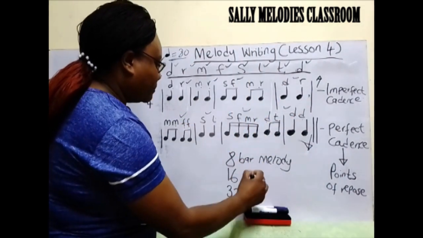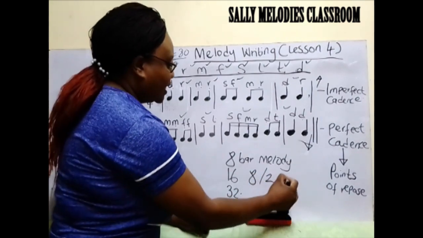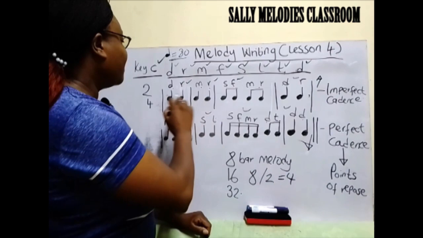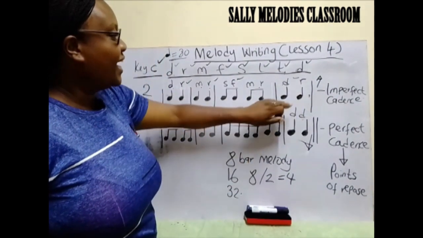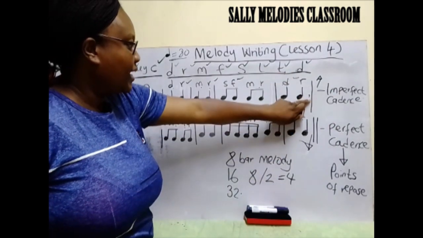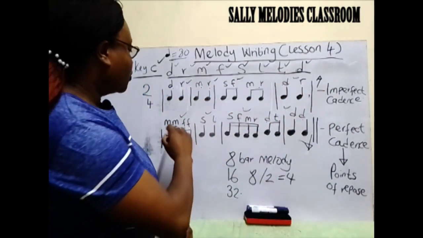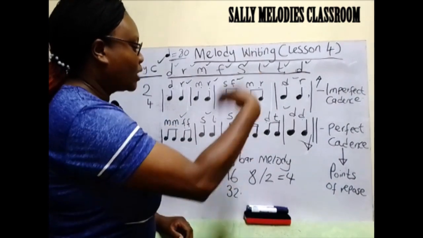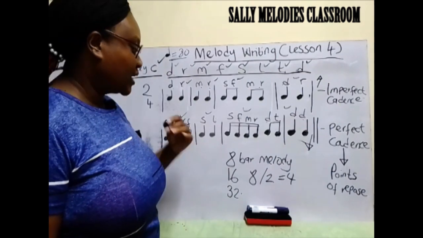If it is an 8-bar melody, you take 8 and then you divide by 2. That is 4. You ensure that the first 4 bars, at the end of the 4th bar, is where you have your imperfect cadence. And then you use the rest of the 4 bars to complete the song so that it can end on a perfect cadence.